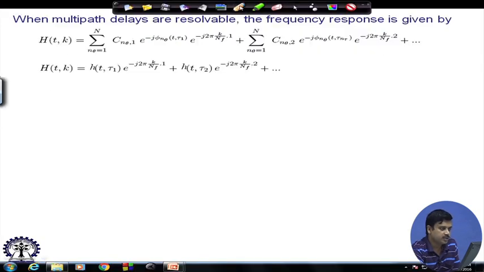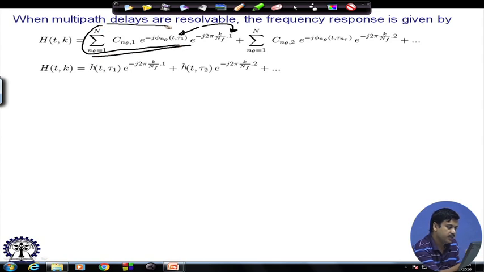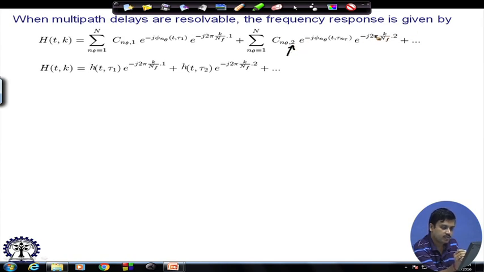So, let us look at this expression. This is the Fourier transform of the delays that are arriving at the first delay of tau 1. We have put tau 1 over here, and tau 1 over here. This summation indicates all the multipaths. Similarly, here it is the second delay, and e to the power of minus j 2 pi k by n f multiplied by tau 2 indicating the second delay, and so on.